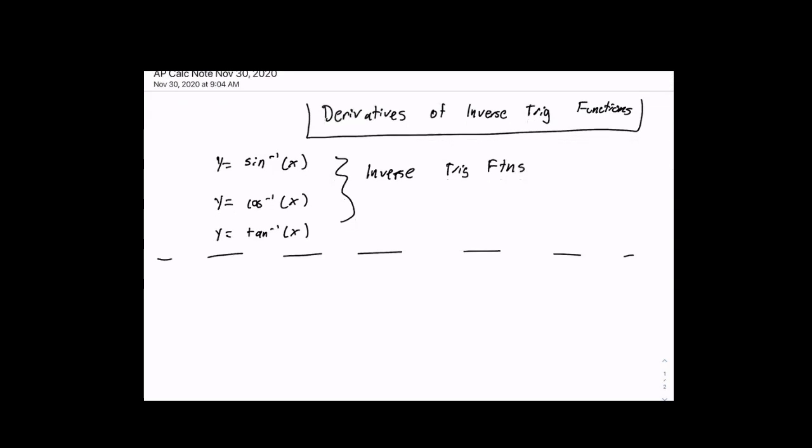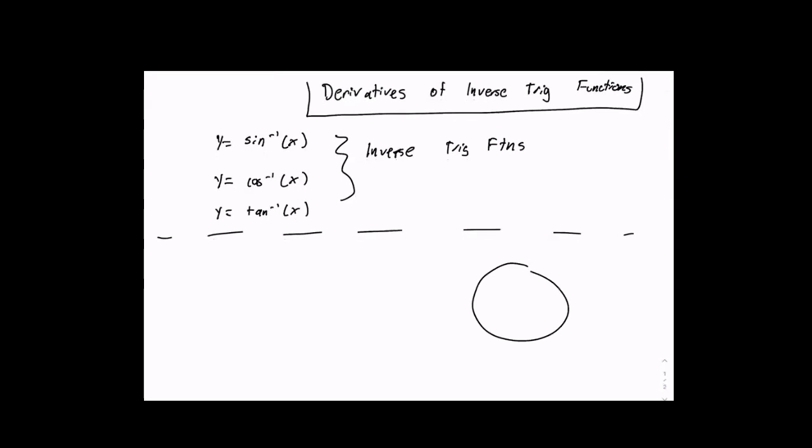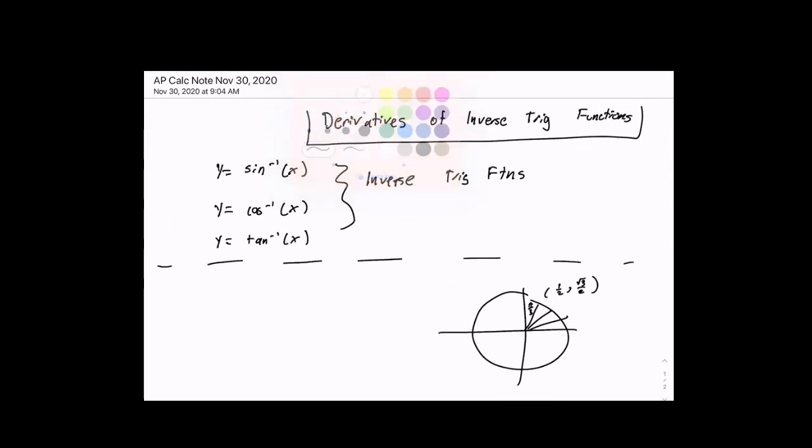We haven't really done it much in our course yet, but if you were with me over the summer, you would have seen that. When we were talking about things like the unit circle, and let's say we had this coordinate right here at pi over 3, which was 1/2 comma square root of 3 over 2, it shows that, for example, the sine of pi over 3 is equal to the square root of 3 over 2.